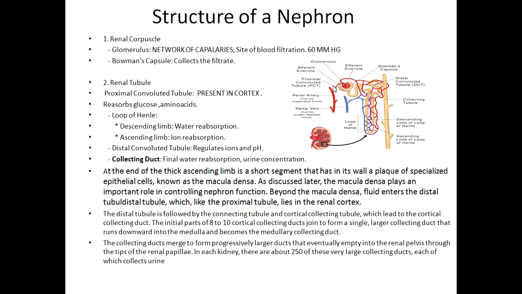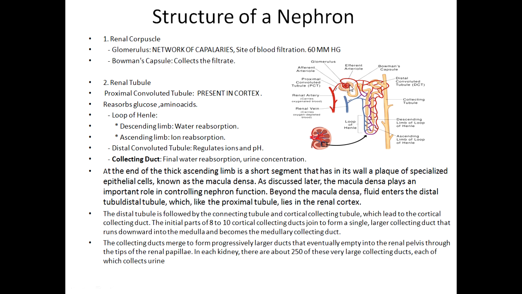See here, a cup-like structure surrounding the glomerulus is called Bowman's capsule. It is lined by epithelial cells. This Bowman's capsule collects the filtrate from the blood which is filtered in the glomerulus.